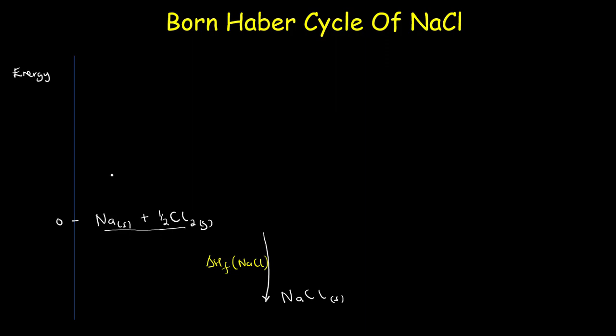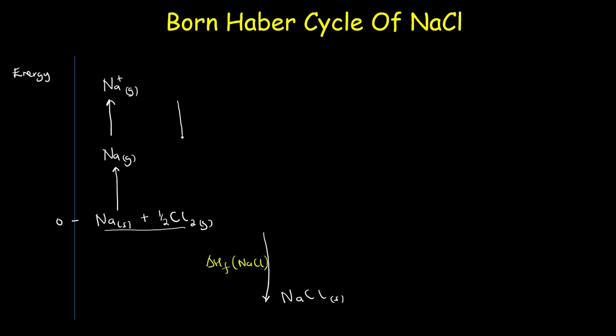So the first step we shall do, we shall have to convert our sodium solid into sodium gas, after which we shall have to ionize it into a positively charged gaseous sodium atom. As you can see, we are moving up the energy graph, meaning that we are actually adding energy. So these reactions are basically endothermic. The same will apply to our chlorine atom.